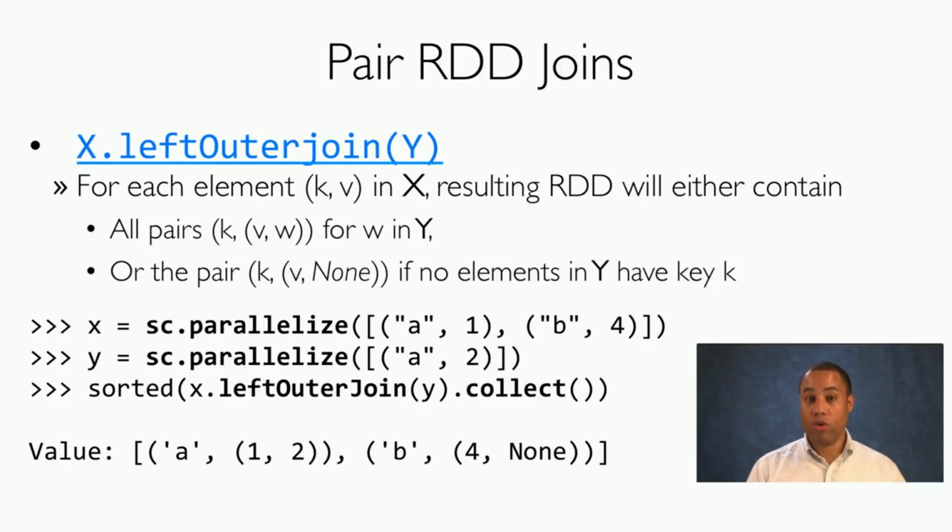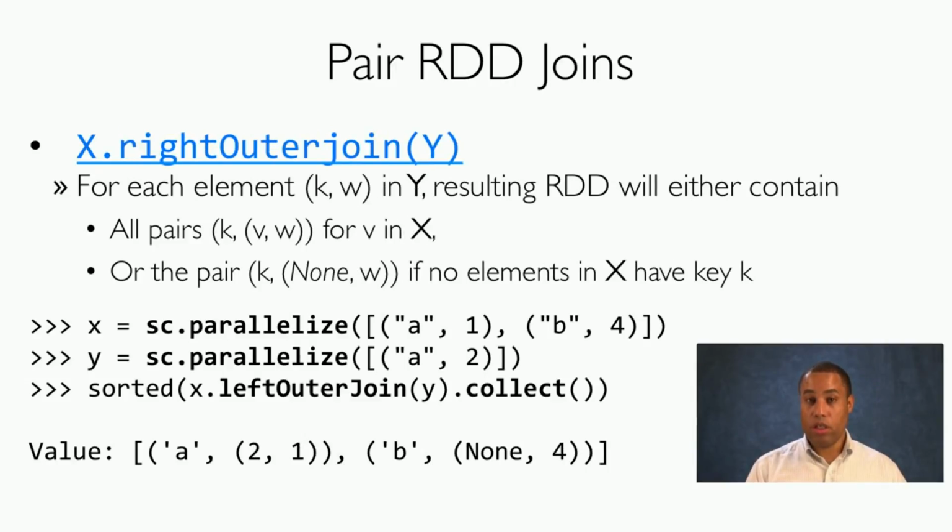So when we do the left outer join, the result will be the pair (A, (1, 2)), because 1 appears in X and 2 appears in Y with A, and the pair (B, (4, None)), because 4 comes from X and B only appears in X and not in Y.